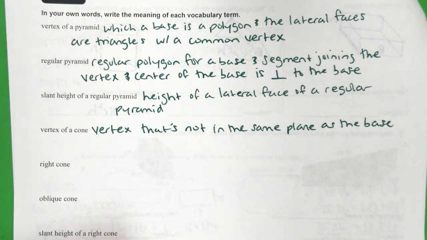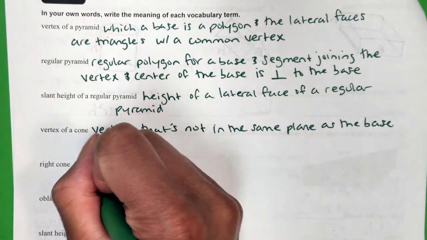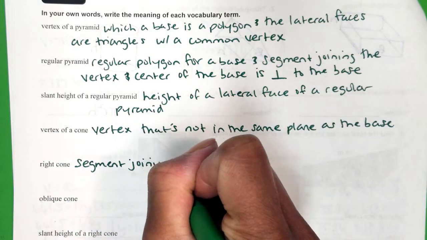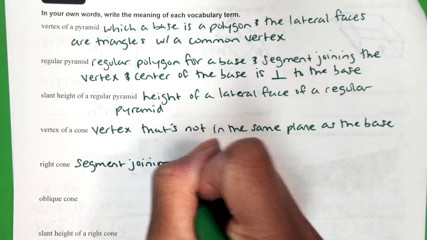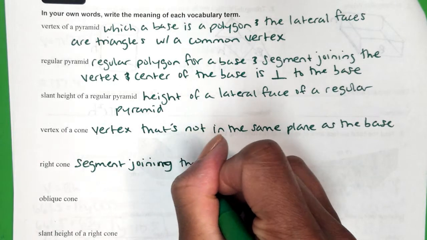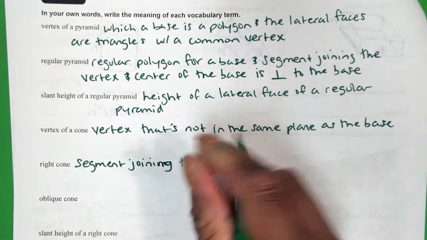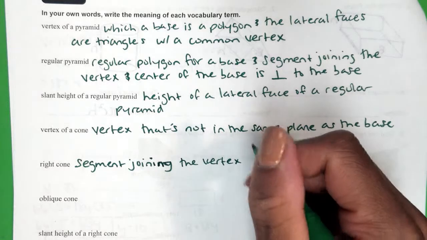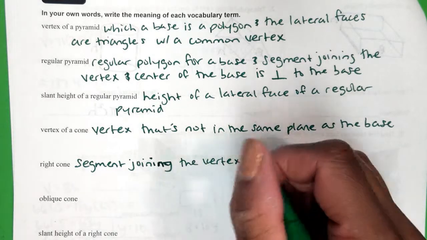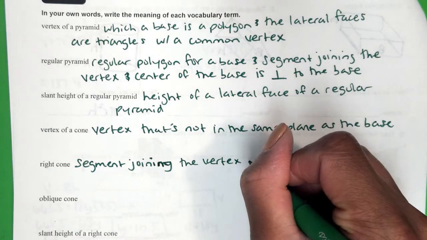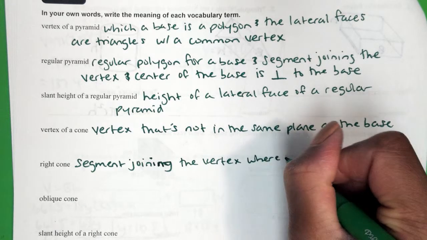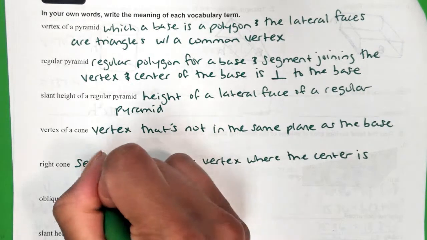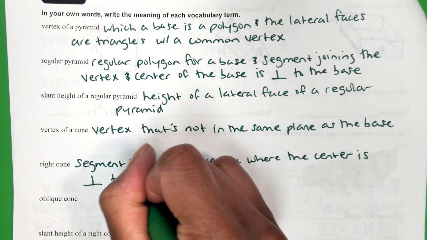A right cone is a segment joining the vertex, this does say joining, pardon the handwriting, a segment joining the vertex to the center of the base that is perpendicular to the base.